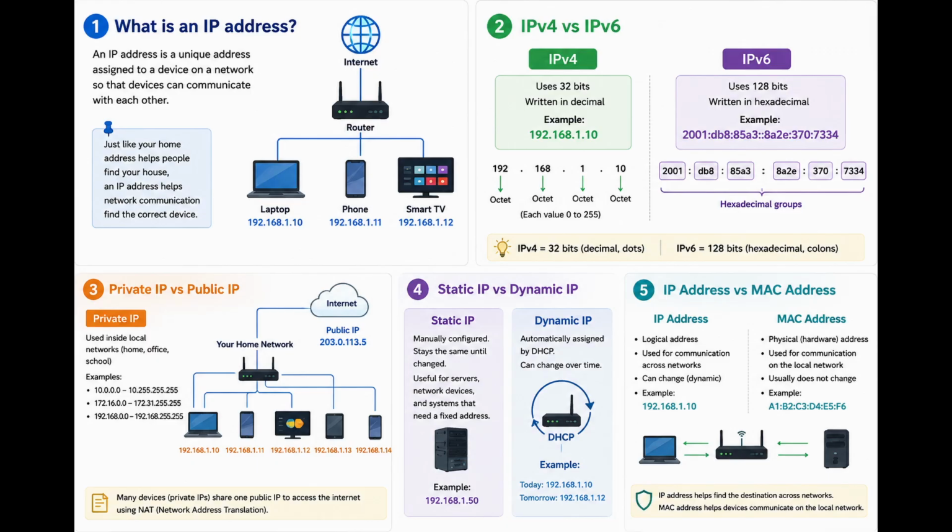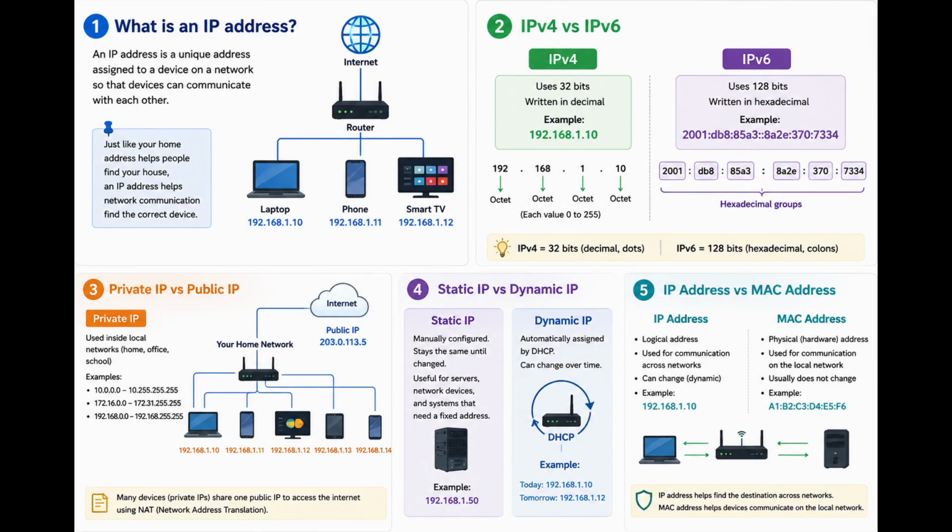So let's quickly summarize. An IP address is a logical address used to identify a network interface and help devices communicate over the network. There are two major versions, IPv4 and IPv6. IPv4 is 32 bits and looks like 192.168.1.10.